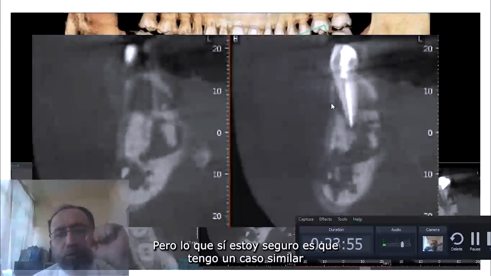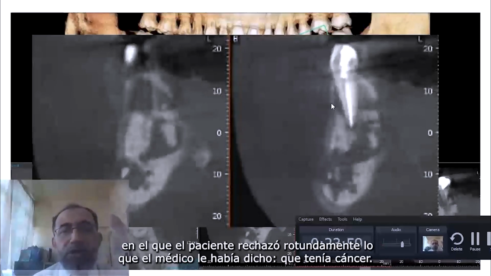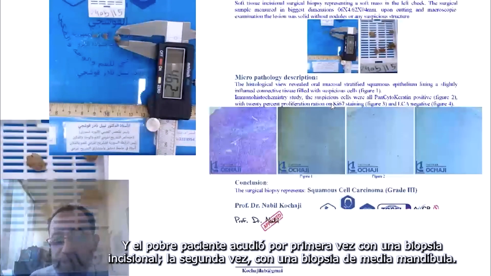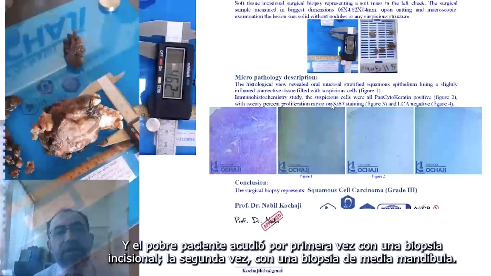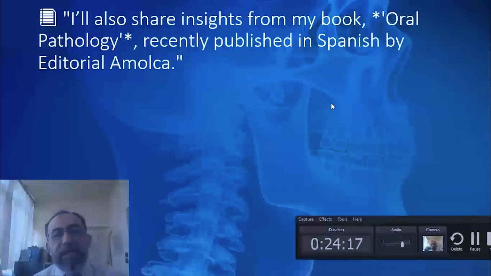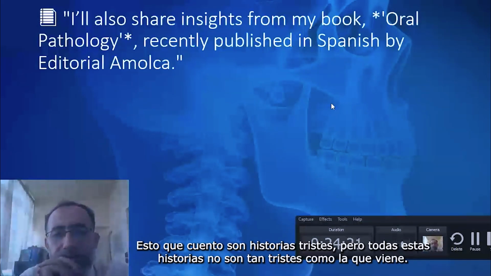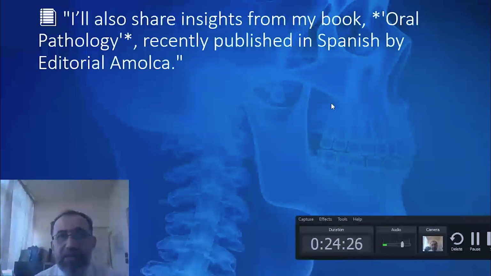But what I'm sure of is that I have a similar case where the patient refused completely what the doctor said to him, that he has cancer, and the poor patient came first time with incisional biopsy, second time with half jaw biopsy. You know, they are sad stories, what I'm saying, but all of these stories are not as sad as the coming one.